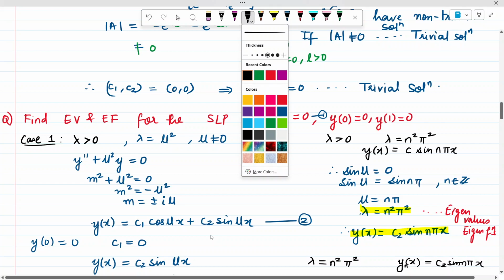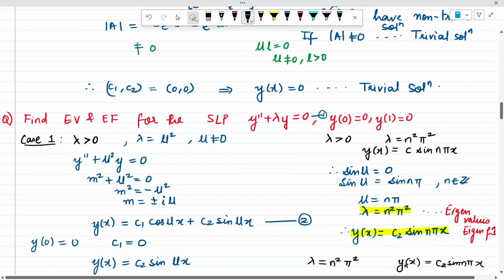So let's look at this particular example there.